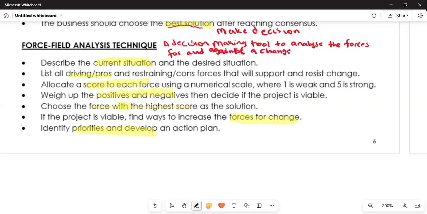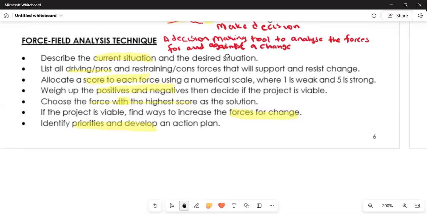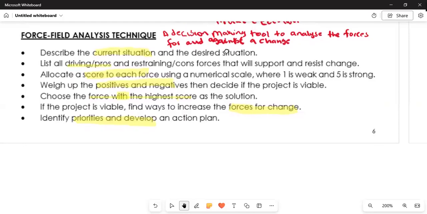That is what this technique is all about.